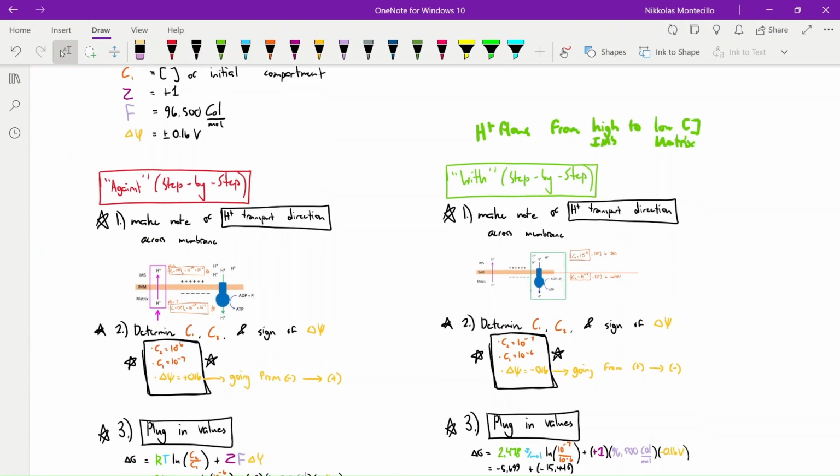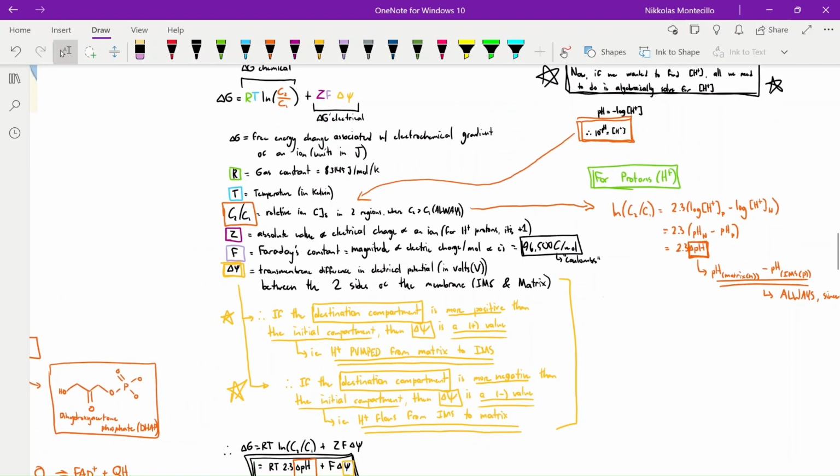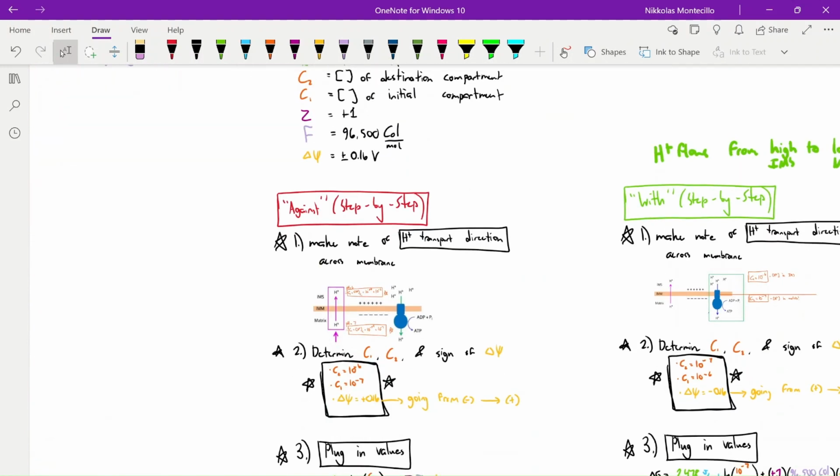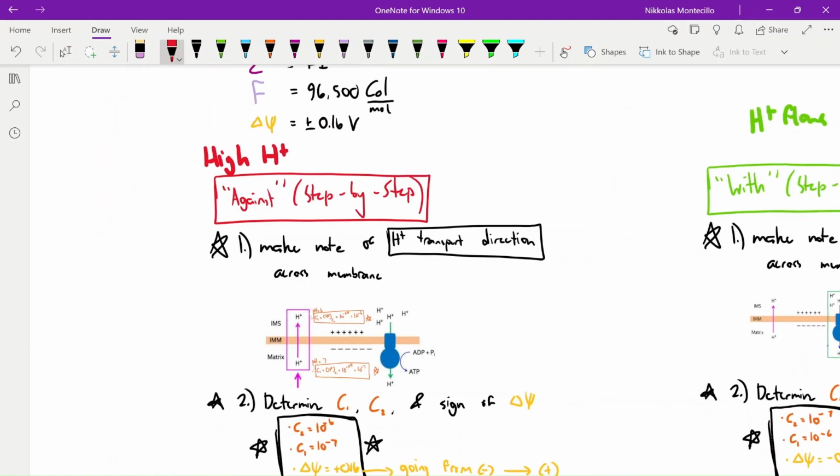Now, if we take a look at where a hydrogen ion flows from low to high, against its concentration gradient, so from low to high concentration, we say that this hydrogen ion is going against its electrochemical gradient.